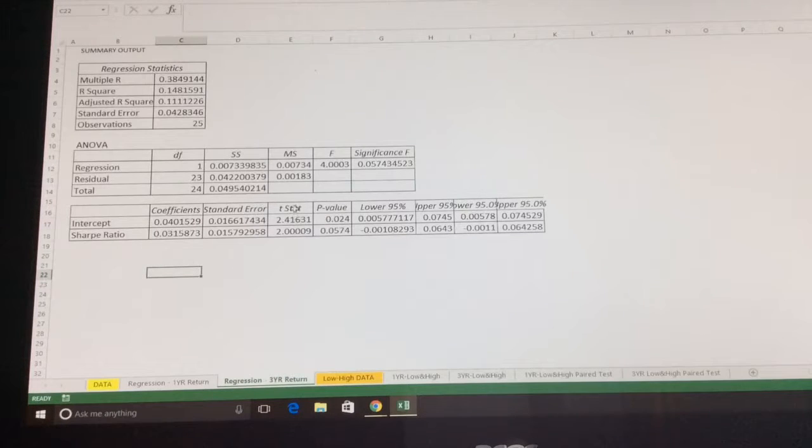Okay, the t-stat in this situation as well is positive, above 1.6, a little close to 1.6, but again significant. We have a p-value of 0.0574.